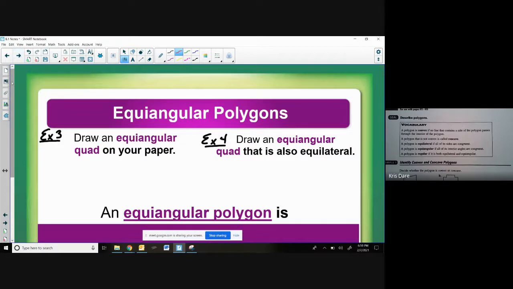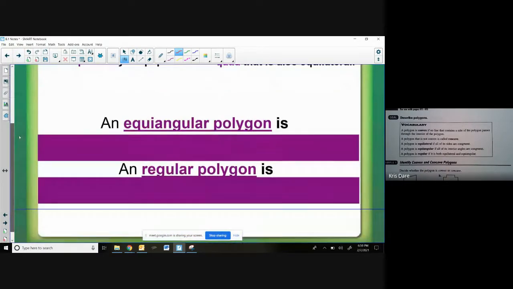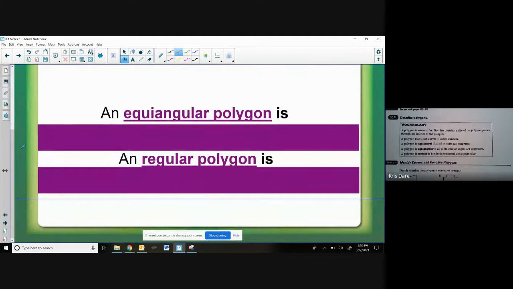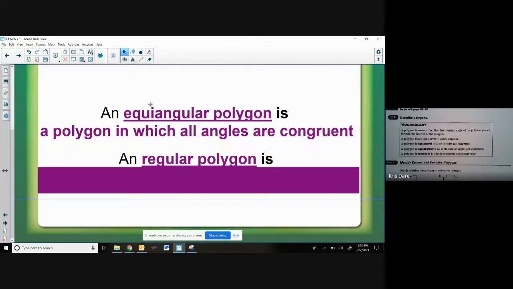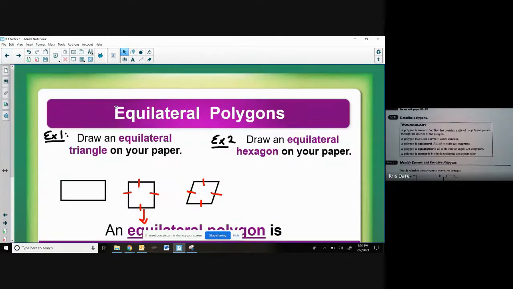All right, let's look at equiangular polygon. So that's a polygon that has equal, what do you think? Angles. That's right, equal angles. It's a polygon in which all the angles are congruent. Okay, let's look at these shapes that I just had here. Let's copy and paste them.